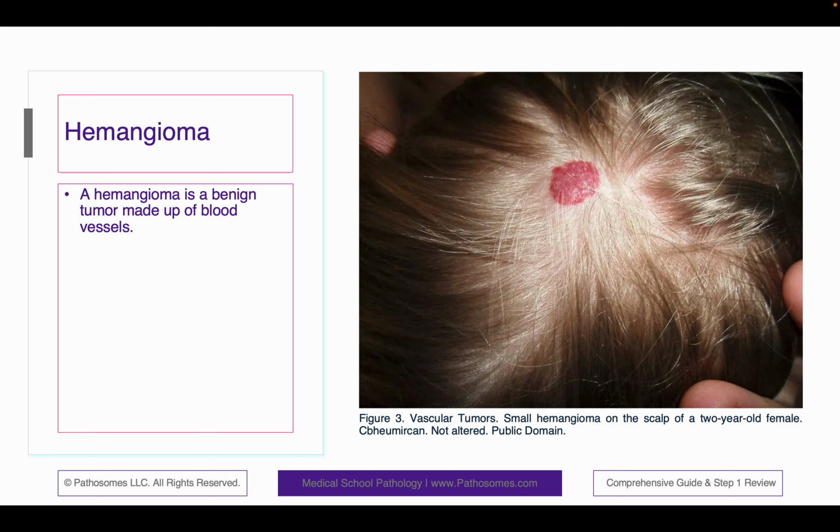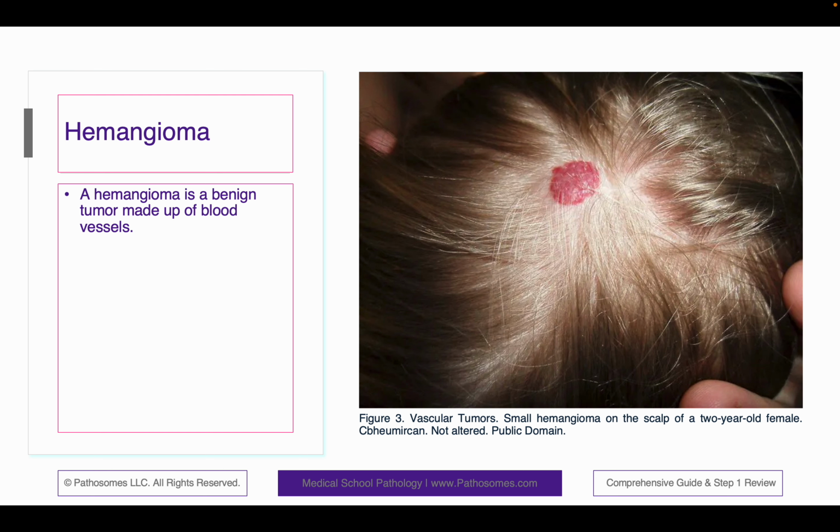hemangioma. Now, a hemangioma is a benign tumor made up of blood vessels. They often affect kids, right? Like in this image, we have a small hemangioma on the scalp of a 2-year-old female. Note its appearance.